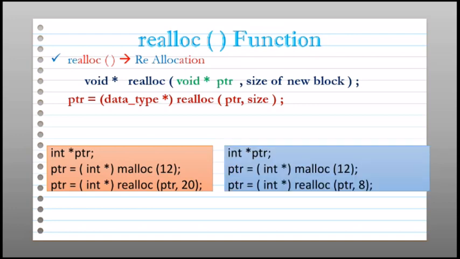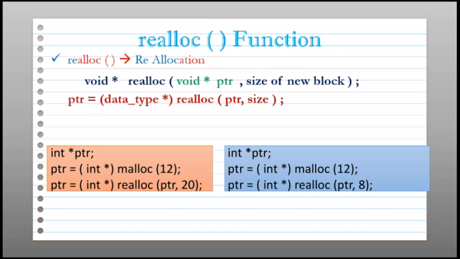This is another example. Here in the first line again we have declared one pointer variable. In the second line, by using the malloc function we have blocked 12 bytes in a memory location.